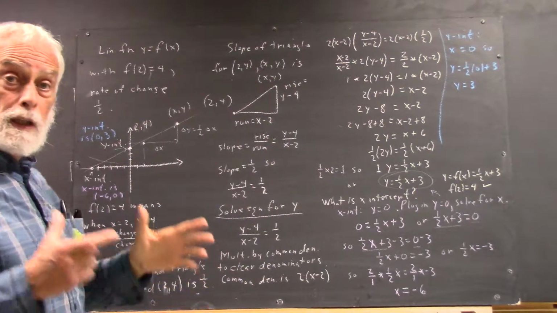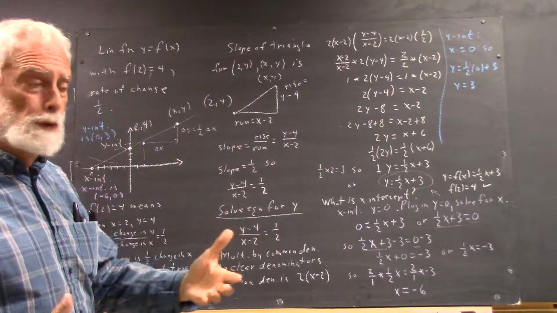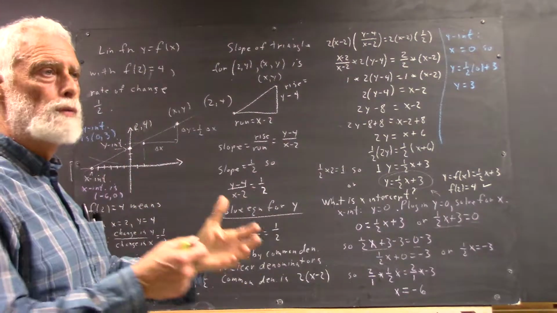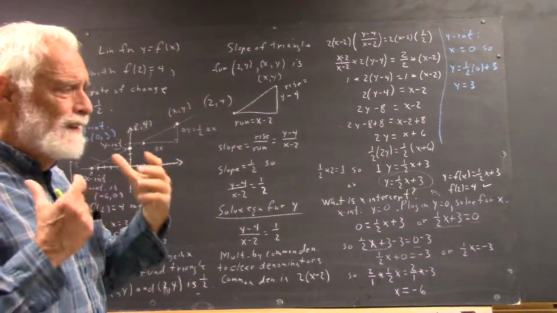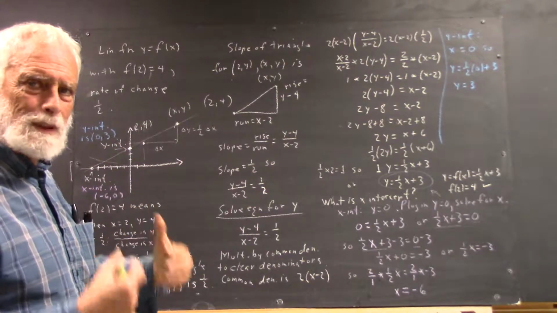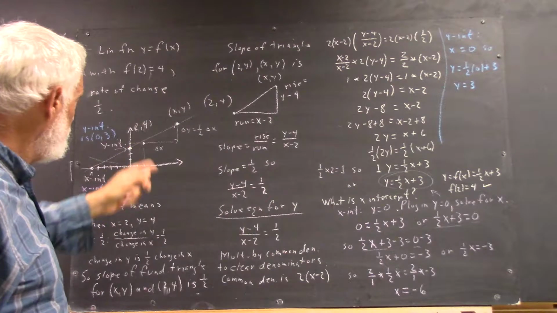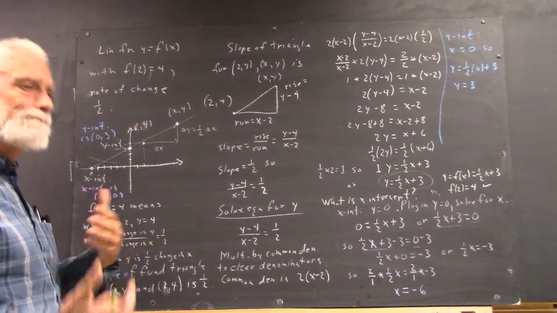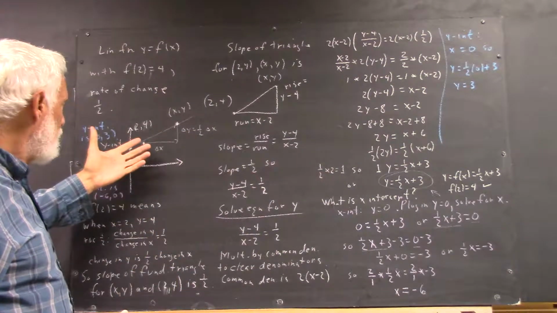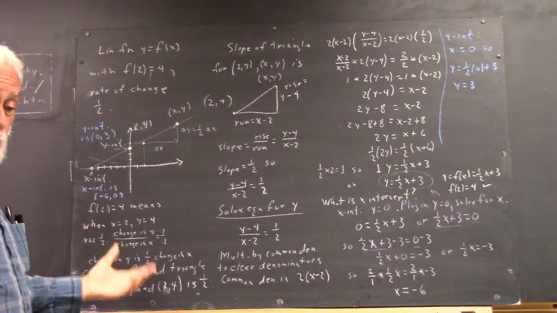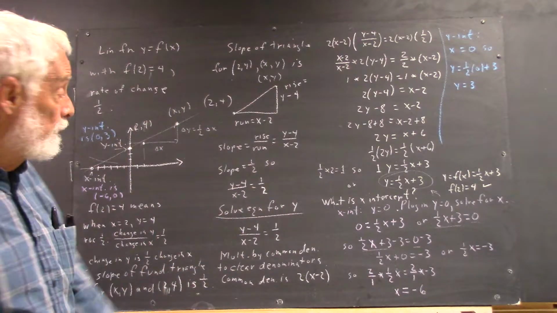Now, this is really the rate of change of y with respect to x. So let that phrase echo in your brain, because it's going to become important when we try to model things with linear functions and later with functions that aren't linear.